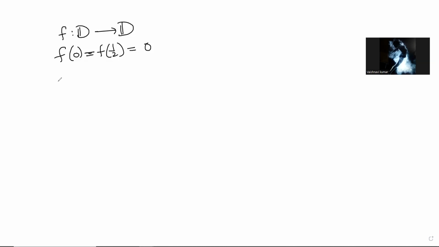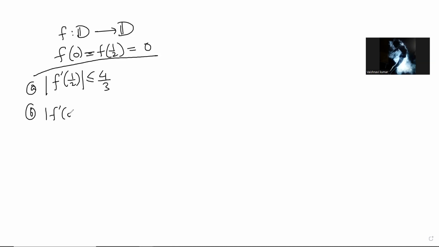If modulus of f dash of 1 by 2 is less than or equal to 4 by 3, then the next option is: if f prime of 0 is less than or equal to 1 by 2, then both the first and second.